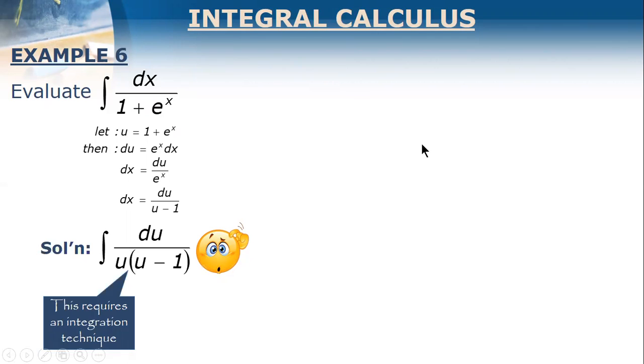Again, if u is 1 plus e raised to x, your du will contain e raised to x dx. So the problem now is how are we going to simplify this one so that e to the x will appear in the numerator? That's the problem.